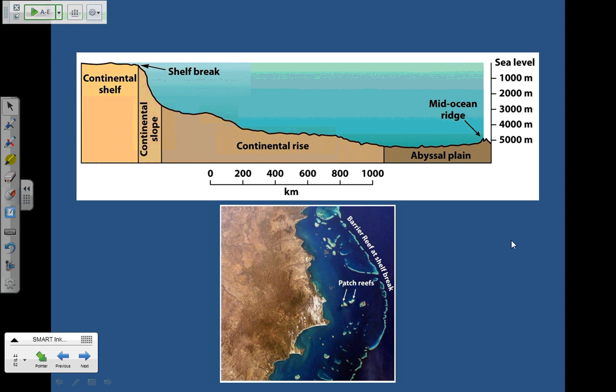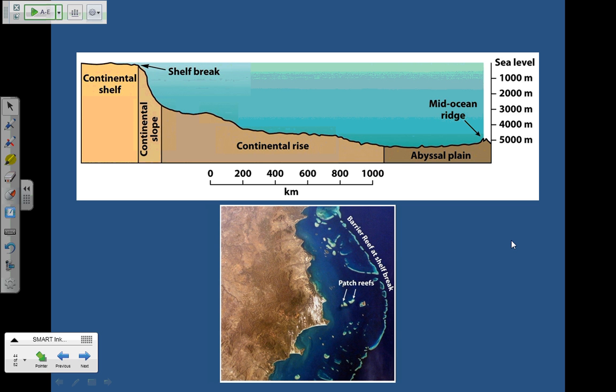Anything? Nothing? Well, no. Your transitional area is going to be right up here somewhere. So we're going to have limestone primarily forming offshore there on that continental shelf.